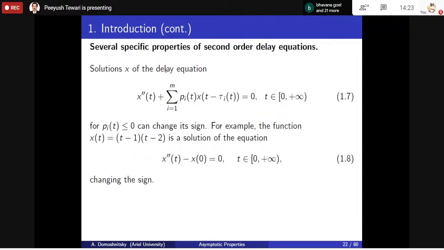What we see here is that the solution of equation 1.8 is the following function x of t, and it changes its sign twice, which is impossible for an ordinary differential equation.